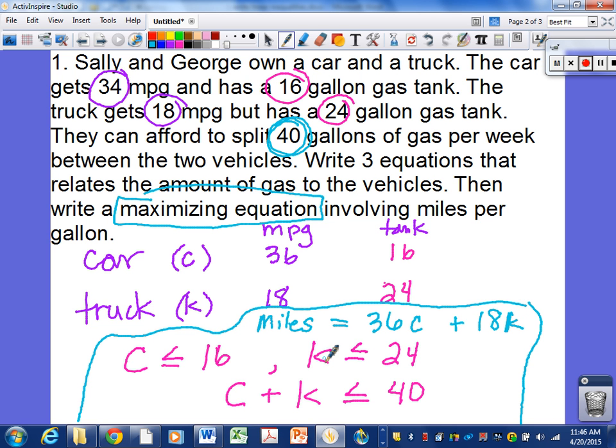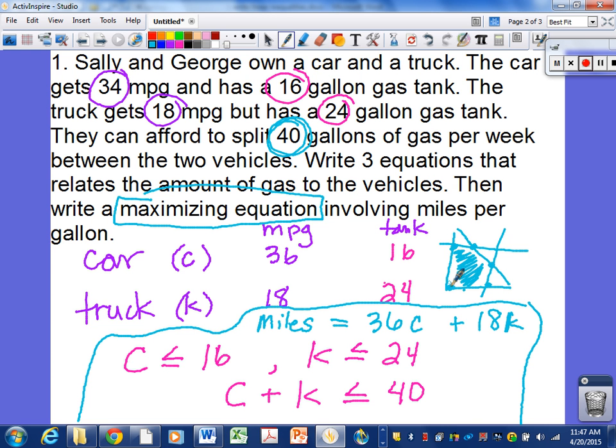So what we're going to end up doing is graphing these things. Okay, we're going to graph them on a grid, and we're going to see where each of these lines intersect. Just like we were doing on Friday. So if this is our grid, we're going to graph these things, and we're going to see where they cross. So we'll have points, your vertices of, in this case, a pentagon, where all of these possible answers are potential.